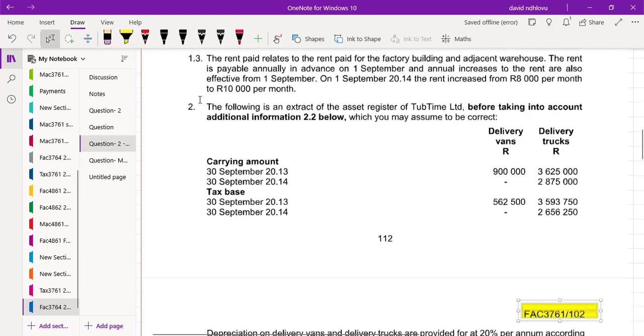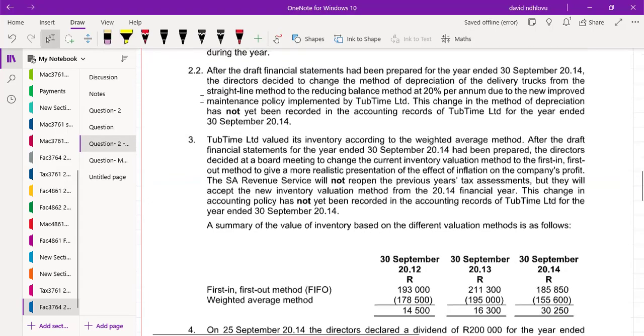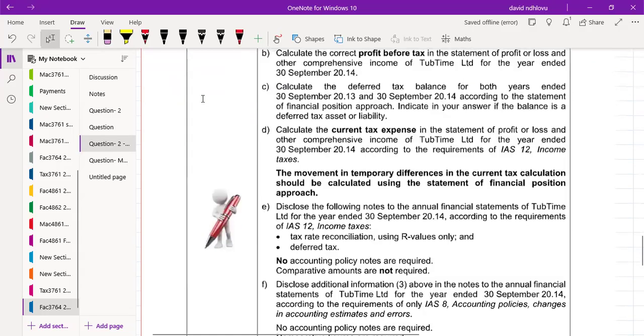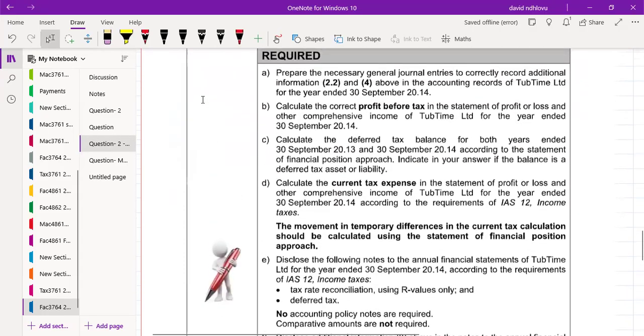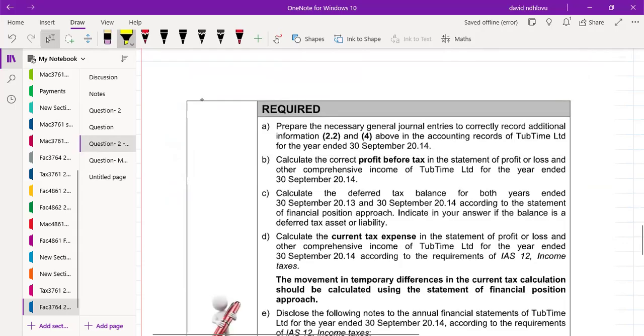If we then go to the question, it says number A, let's jump number A for now. It says calculate the correct profit before tax in the statement of profit and loss and other comprehensive income of tape time for the year ended 30 September 2014. Then number C, calculate the deferred tax and then calculate the current tax.